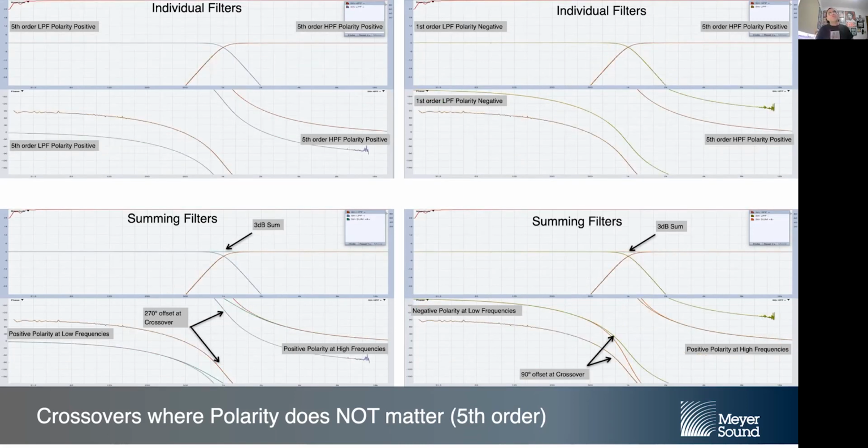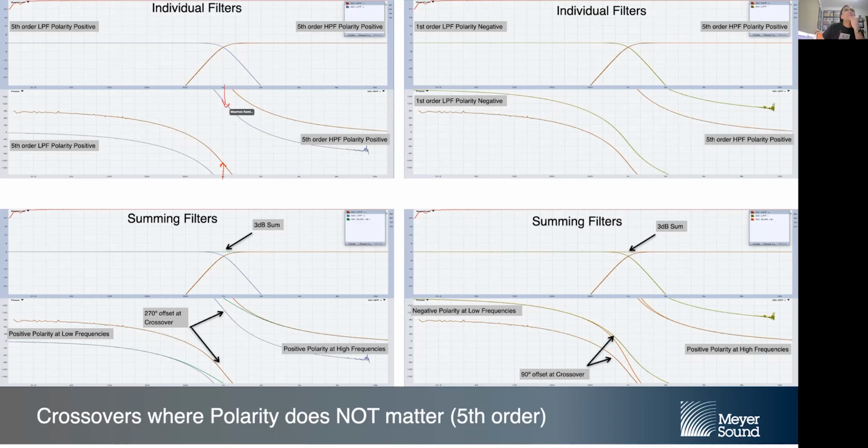And we go to order number 5. The order number 5 is a similar situation. Polarity does not matter in order number 5. Now what we can see is that the high pass filter is shifted beyond the 180, and the low pass filter is shifted beyond the 180.